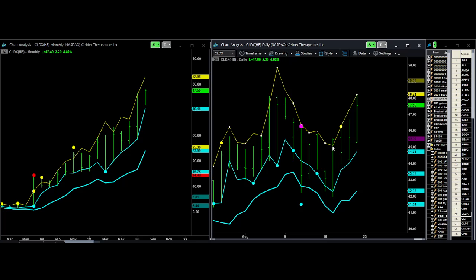Even if you sell it at this price, $45.11, and this is $42.28, that's a $3 difference. So if you buy 100 shares and you get $3 for each share, you will get $300 profit.